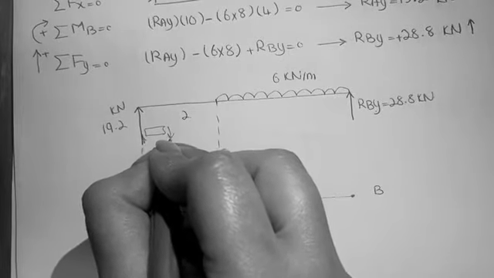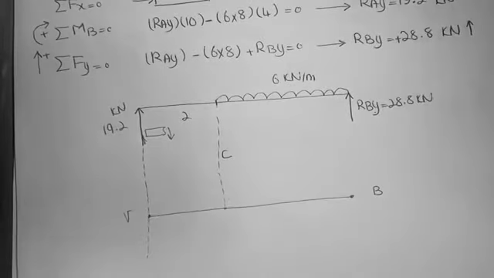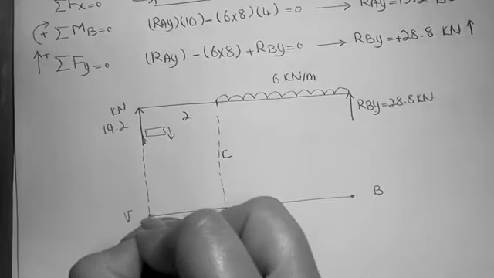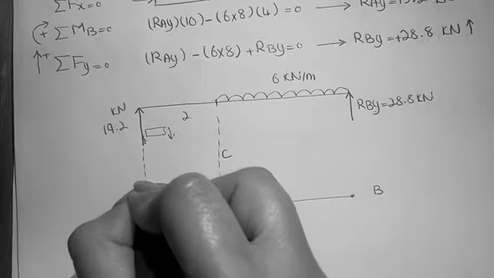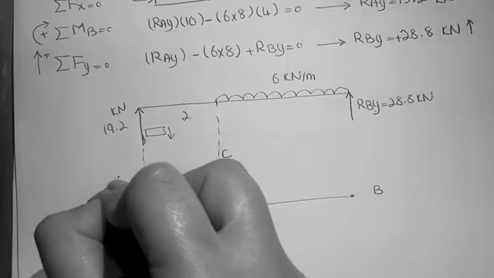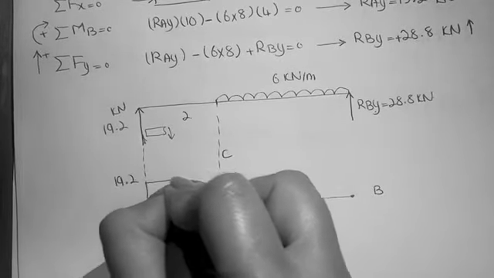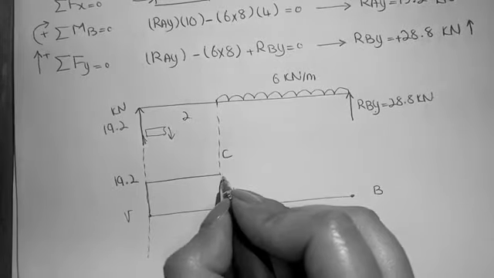So based on the sign convention, you have positive shear. So here we're going to go up to 19.2 and we have a positive shear until point C.